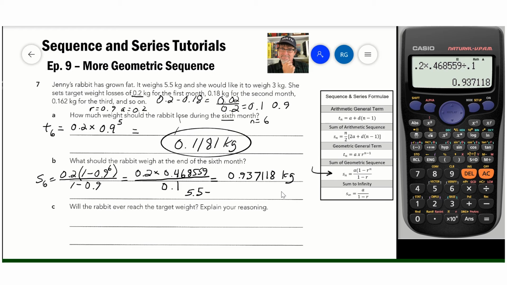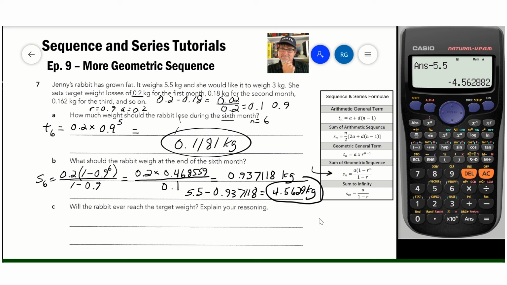So we've got to do 5.5 minus 0.937118, and that's going to give us 4.5629 is how much the rabbit weighs. 4.5629 kgs. That's how much the rabbit should weigh after 6 months.